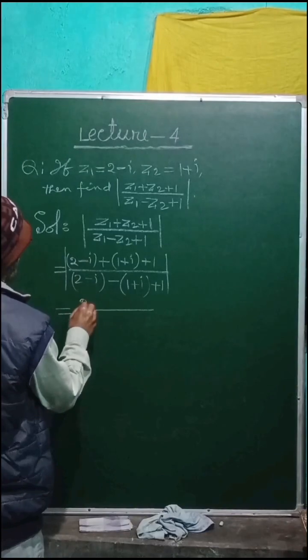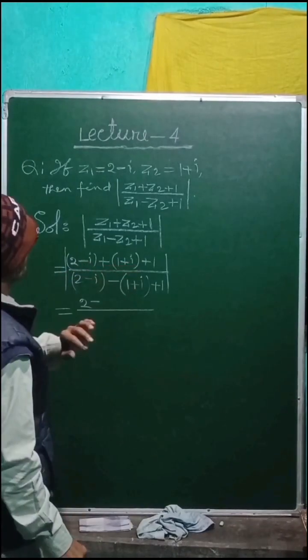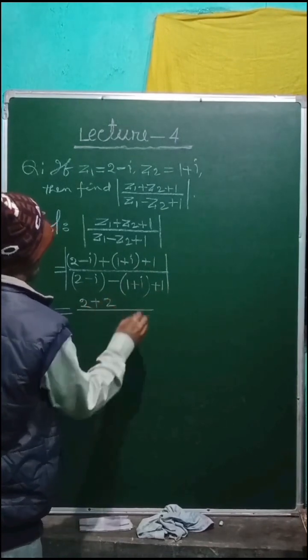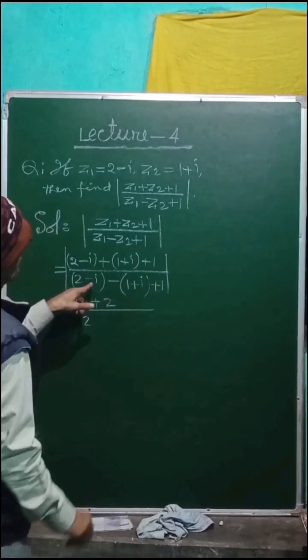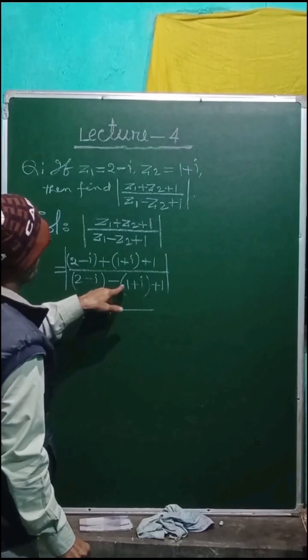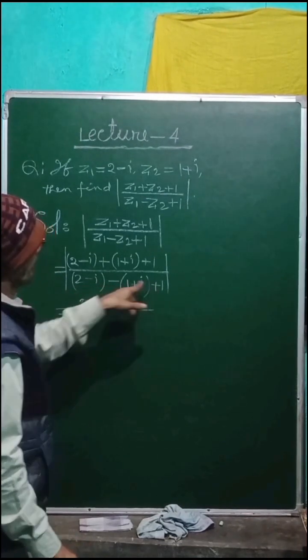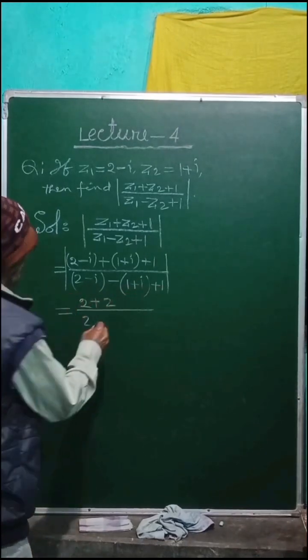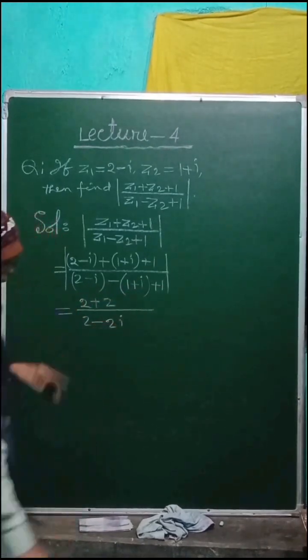Here minus iota plus iota will be cancelled, and 1 plus 1 gives 2. In the denominator, 2 minus iota minus 1 minus iota plus 1, so the 1 will be cancelled, remaining 2 minus 2 iota.